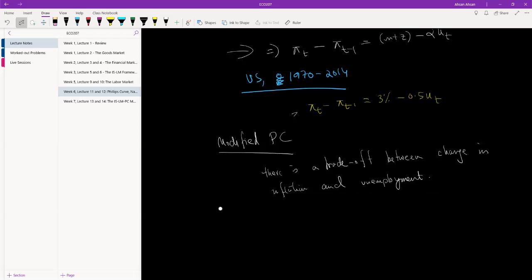What the modified Phillips curve tells us is that if the unemployment rate goes up, the change between the 2 years' inflation is going to go down. This is a subtle difference between the two, but it's a very important difference. So it may take a while to understand.